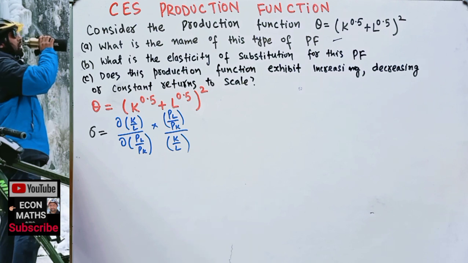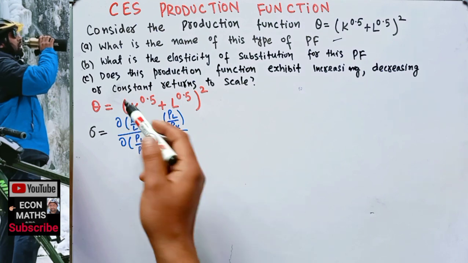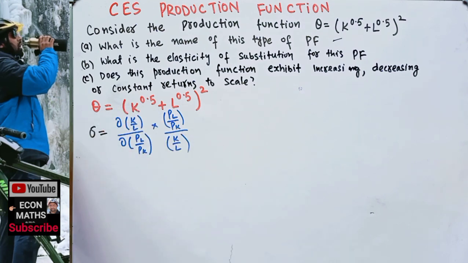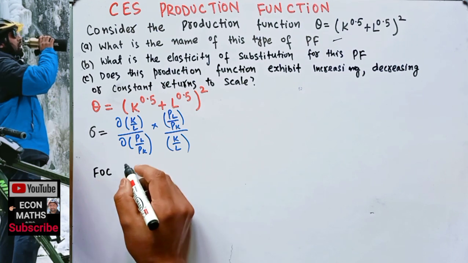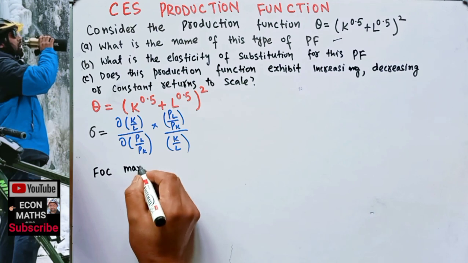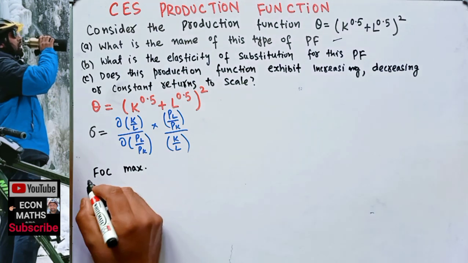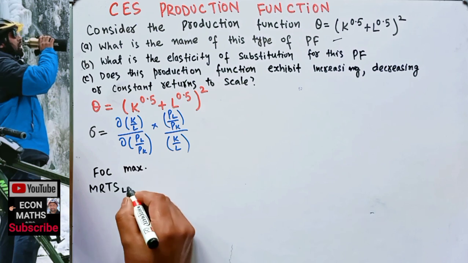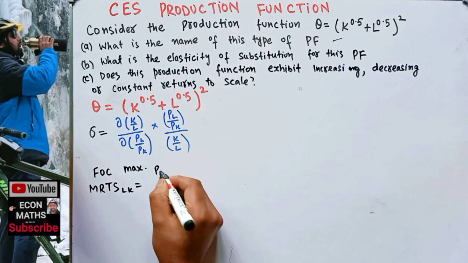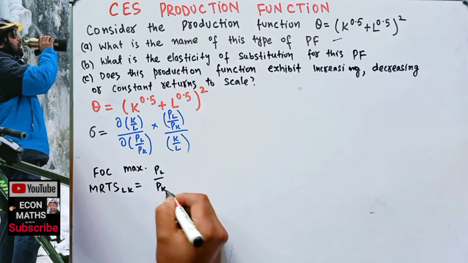Okay, now we need to find out the elasticity of substitution. To find it, we need to maximize this production function. The first order condition for maximization requires that the marginal rate of technical substitution between labor and capital should be equal to the price of labor upon price of capital.